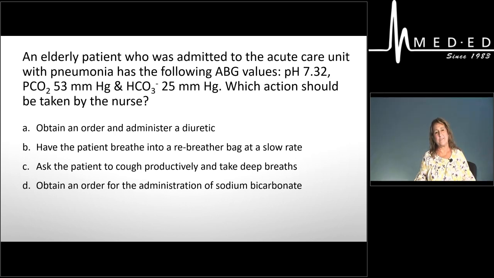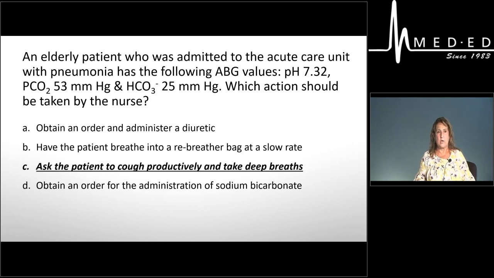Have the patient breathe into a rebreather bag at a slow rate. Ask the patient to cough productively and take deep breaths. Or obtain an order for the administration of sodium bicarb. What's their abnormality? It's respiratory acidosis. So ask the patient to cough productively and take deep breaths. He's got pneumonia. He's not aerating his lungs like he should. So ask him to cough and take some deep breaths.